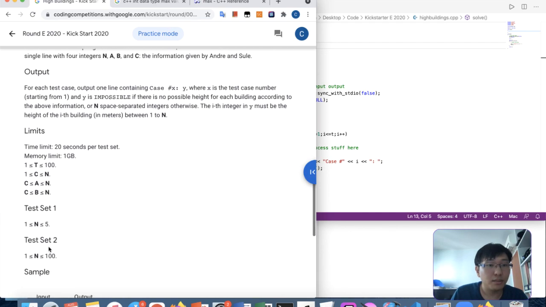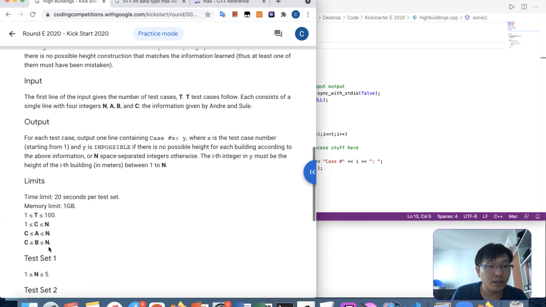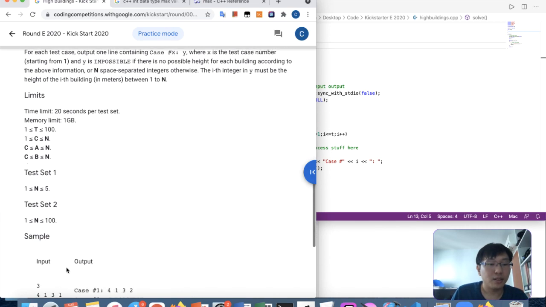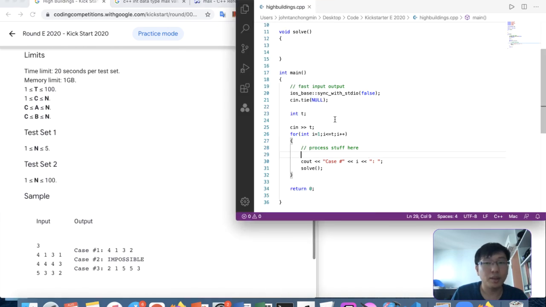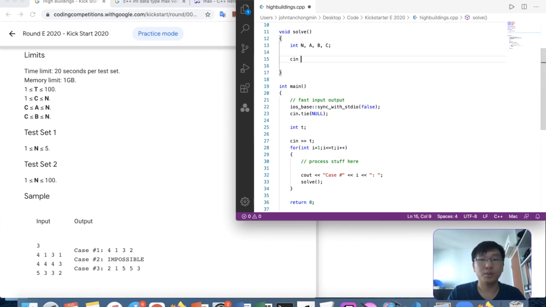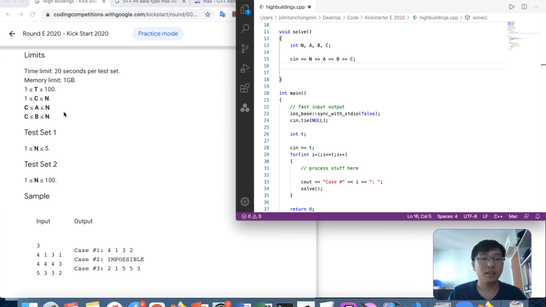What's the ABC? Okay, so actually n is smaller than or equal to 100. It means that all of them can be an integer, because n is the cap for this. So we take in N, A, B, C for each case, and we try to construct.